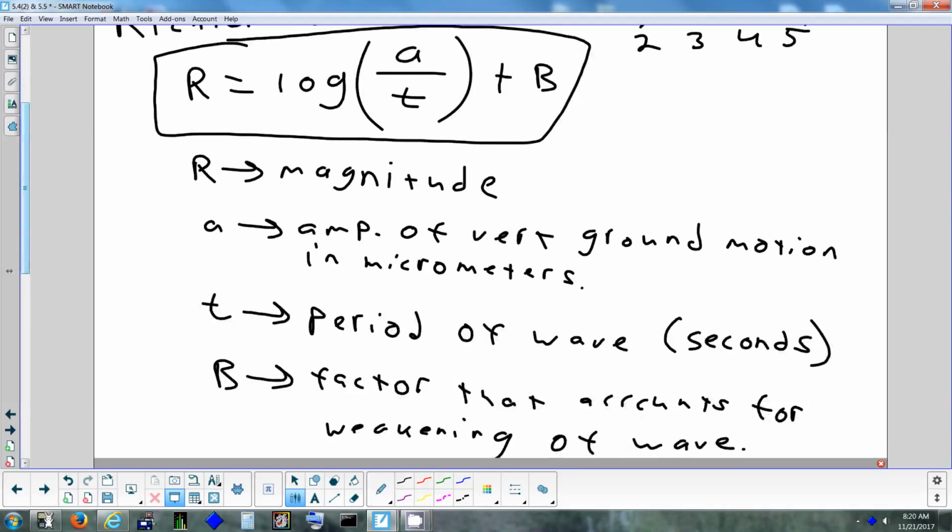And B is a factor that accounts for the weakening of the wave. Because obviously, wherever you have the epicenter of an earthquake, as it propagates out from that, it weakens. How quickly it weakens, well, maybe it depends on the soil type and different things. Those are all the variables.